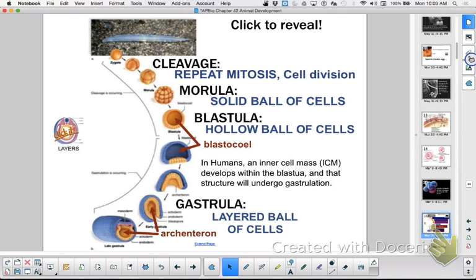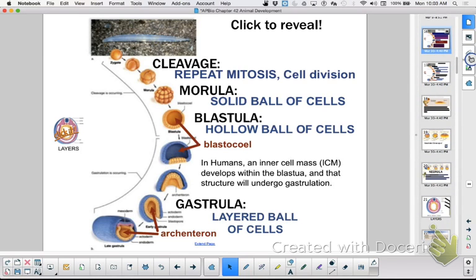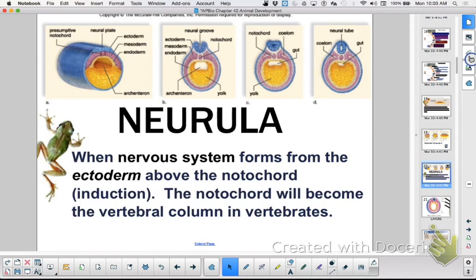From your layered ball of cells, we're going to develop ectoderm and mesoderm and endoderm. And from the gastrula stage, the last stage that we cover on this is called the neurula. The neurula is when the nervous system forms. I haven't got to that, but I wanted to hit that stage name with you.